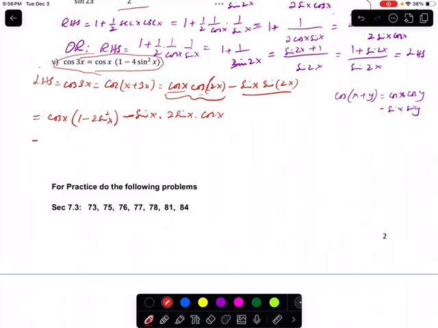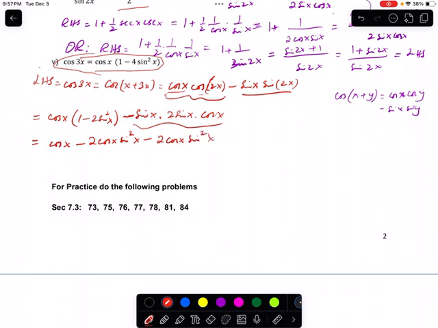So distribute, so I get cosine x minus 2 times cosine x sine square x, and if I look at this term, this is minus 2 cosine x sine square x.